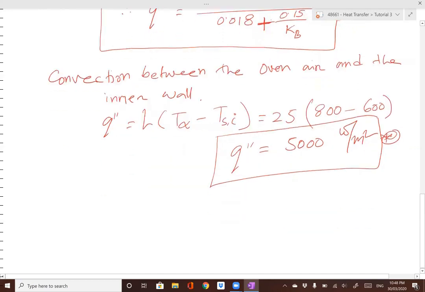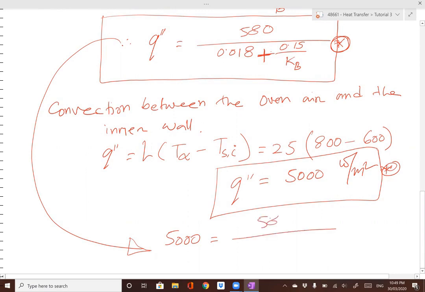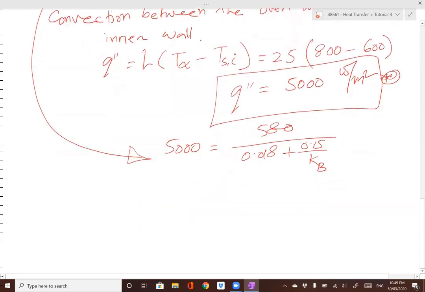So we can write from this equation: 5000 equals 580 over 0.018 plus 0.15 over thermal conductivity for material B. Now if we solve this, we'll get our required answer. So material B thermal conductivity will be 1.53 watt per meter Kelvin.